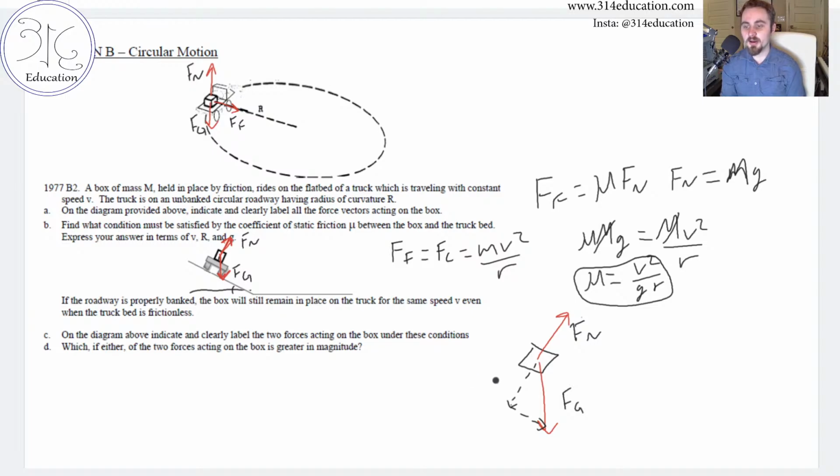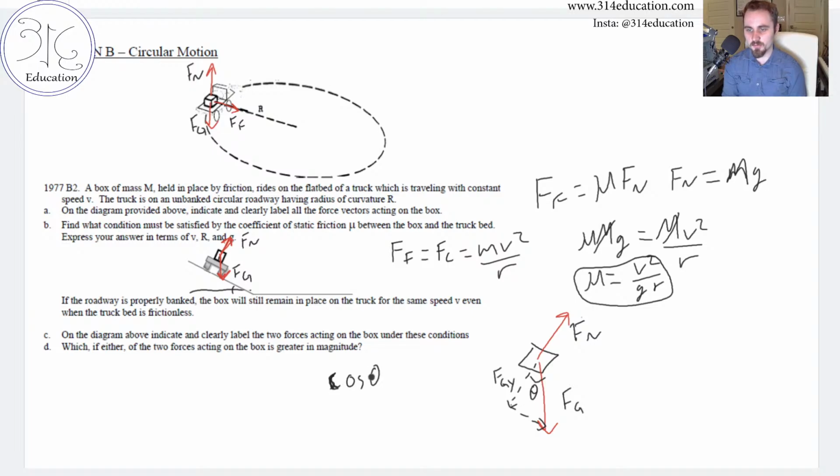But we know then that this y component would be equal to Fn. And this y component is related to the hypotenuse Fg by this angle theta. And so we can then get the sine, no, not the sine, that would be the cosine because this is adjacent.